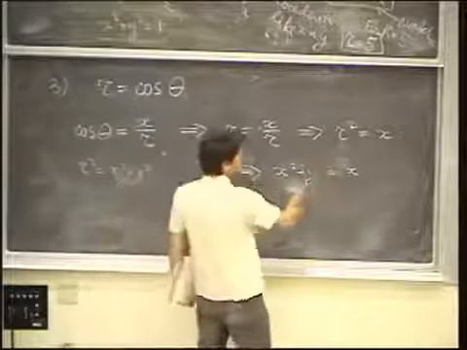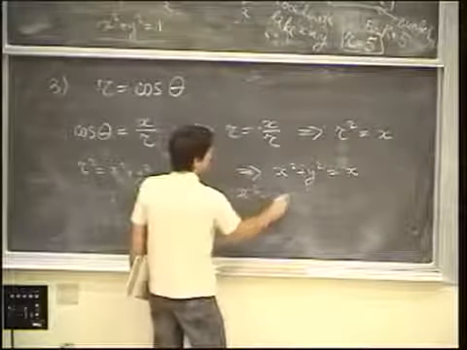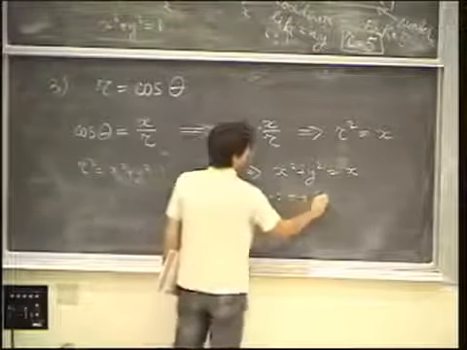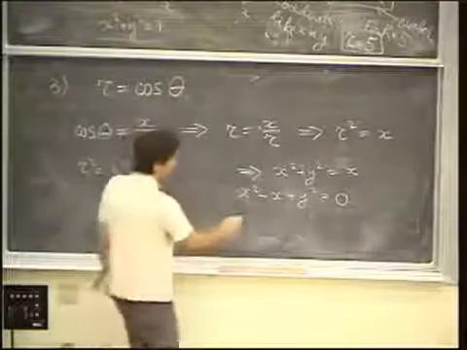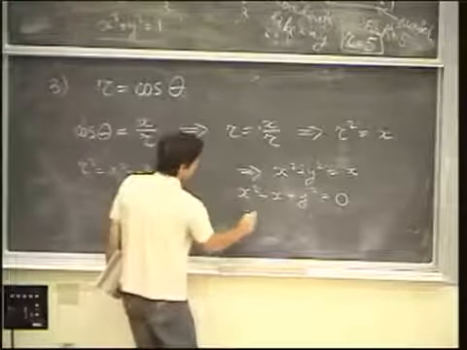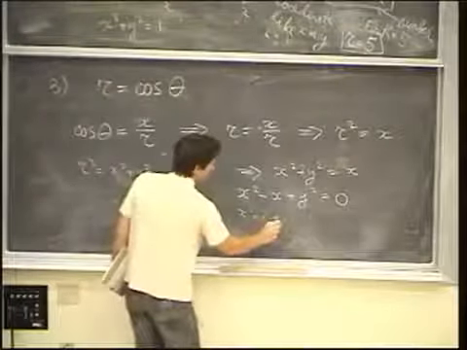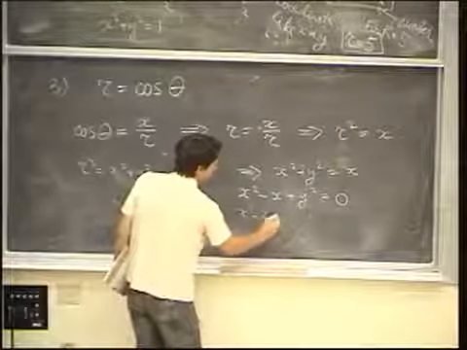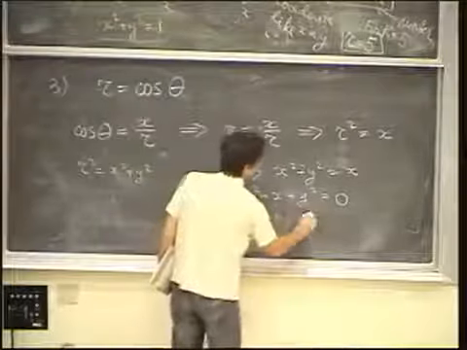Let's take x to the left-hand side. And let's complete the square. We can write x squared minus 2 times x times 1/2, plus 1/2 squared.